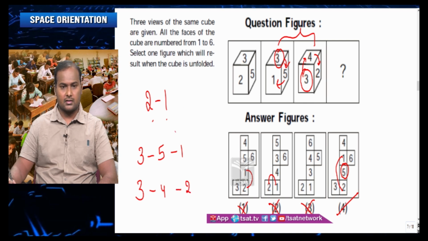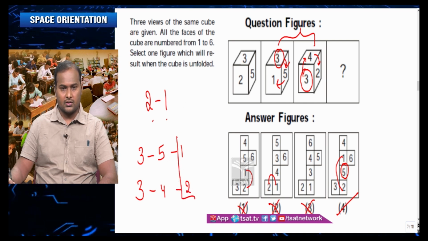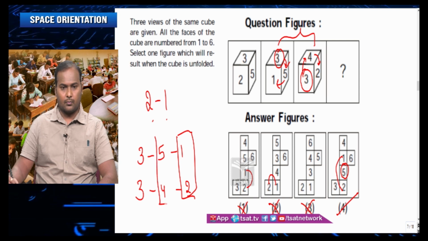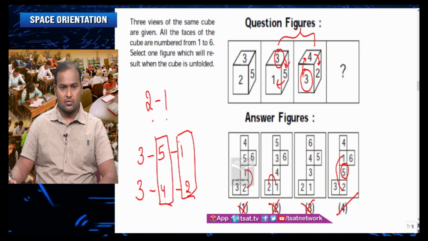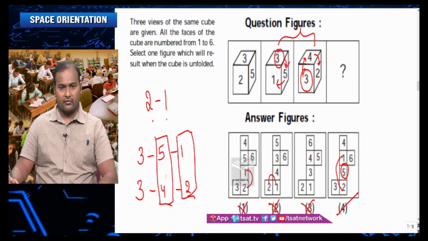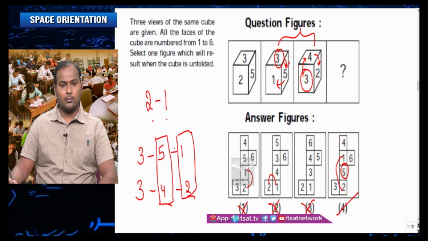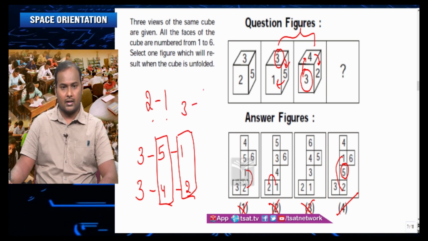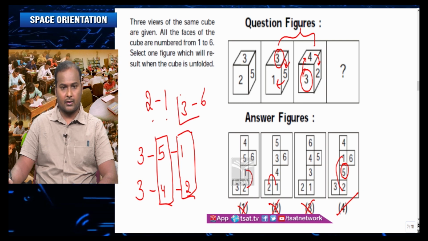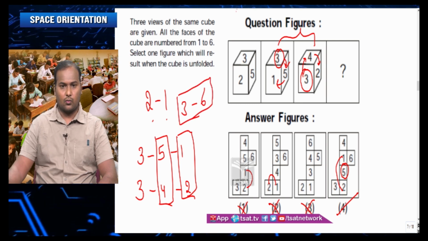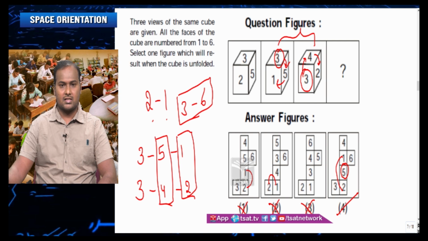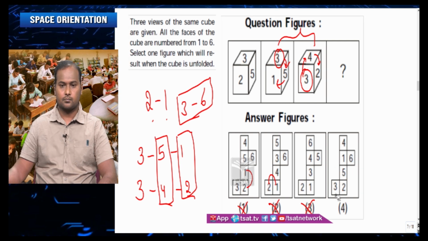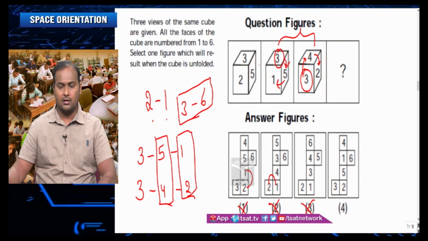Once you got this, you know that 1 opposite is 2, and 5 opposite is 4. And what are the remaining faces? The remaining faces are 3 and 6. So 3 and 6 become opposite. Let's check with the fourth option, because we know that the fourth option is the correct answer.